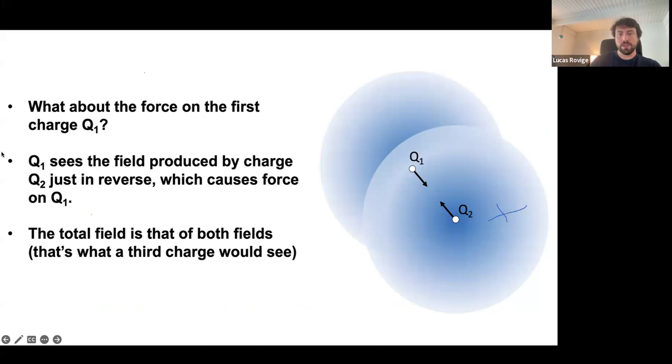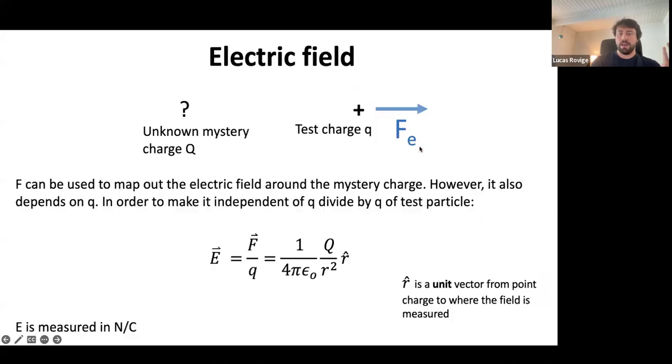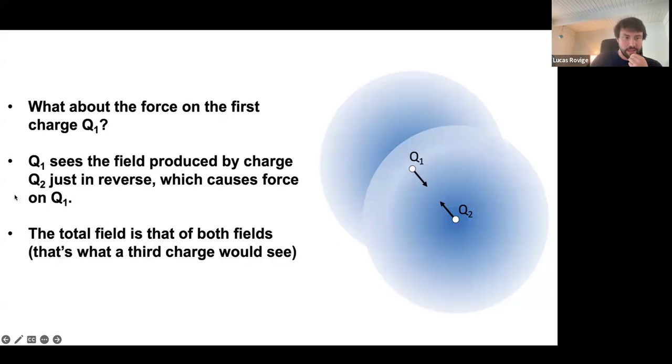And of course, this second charge Q2 also has a field of influence, and Q1 is sensing this field and is interacting with Q2 through it. Now let's say we have another particle like Q3.